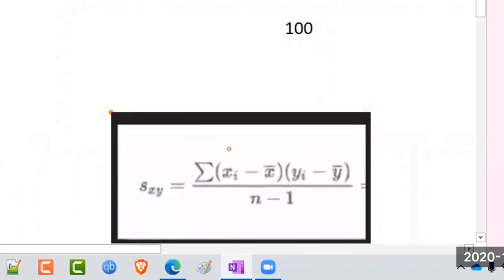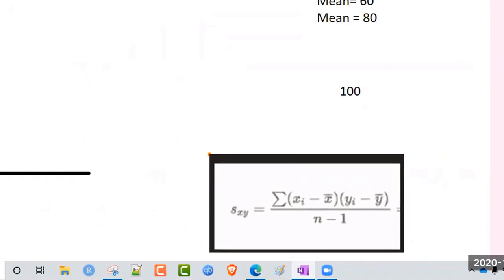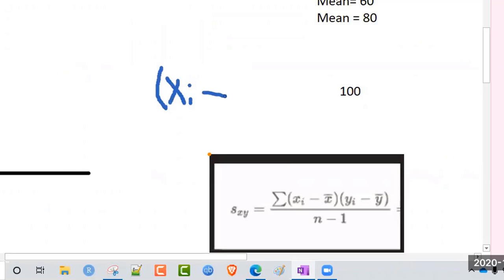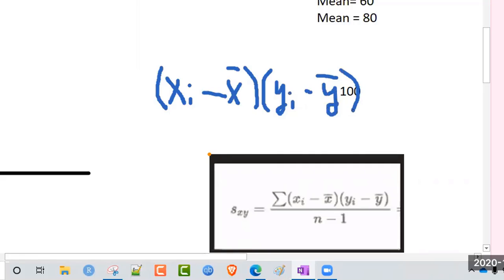You can see in here we have xi minus x bar, and we also have yi minus y bar. So we want to focus on these.